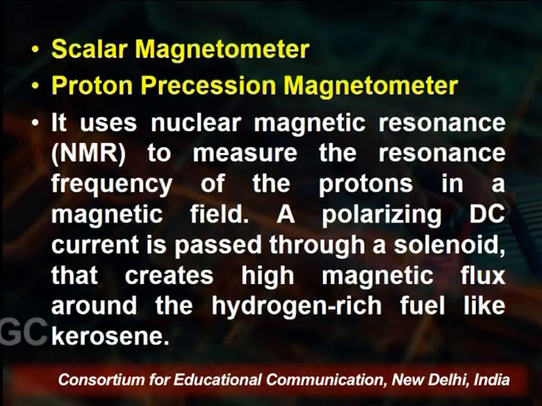A polarizing DC current is passed through the solenoid that creates a high magnetic flux around a hydrogen-rich fuel like kerosene, and some of the protons align with this flux. When the polarizing flux is released, the frequency of precession of the protons back to the normal alignment can be used to measure the magnetic field.